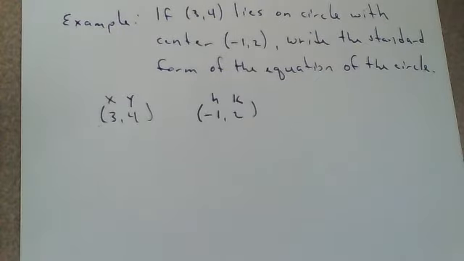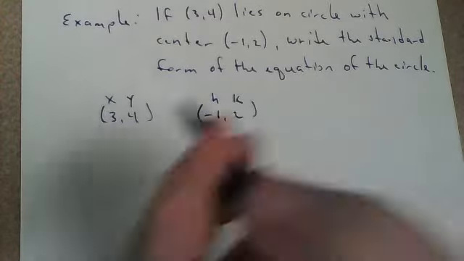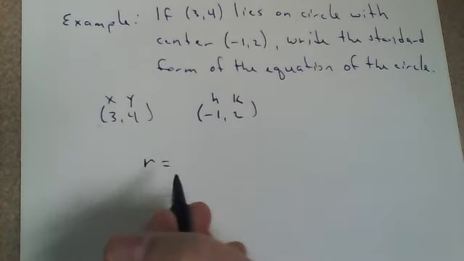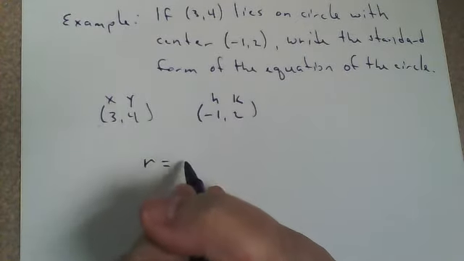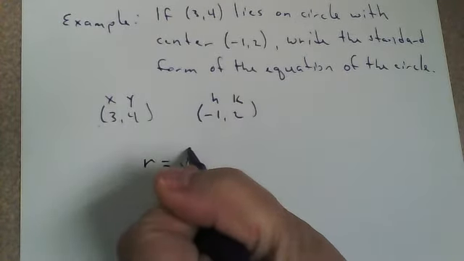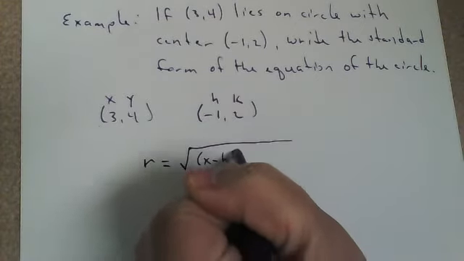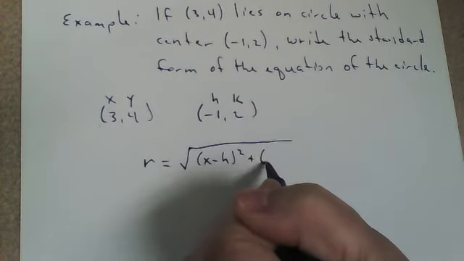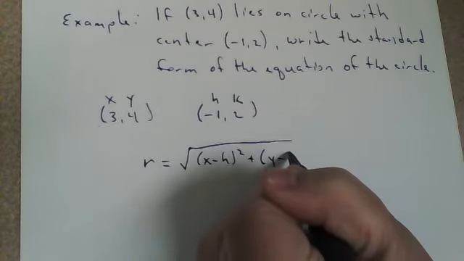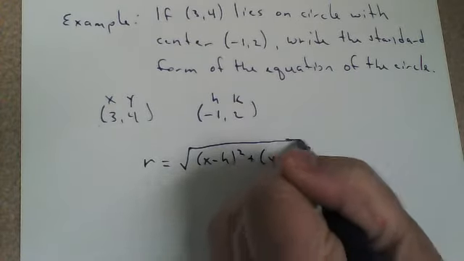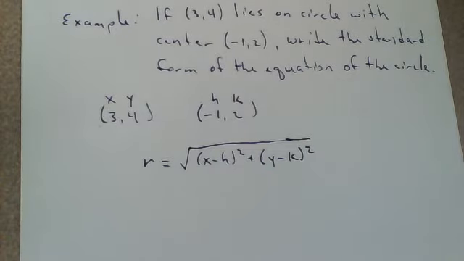The one piece of information we don't know yet is our r, right? And the way we find that is we're going to have to use the distance formula, r equals the square root of x minus h squared plus y minus k squared.